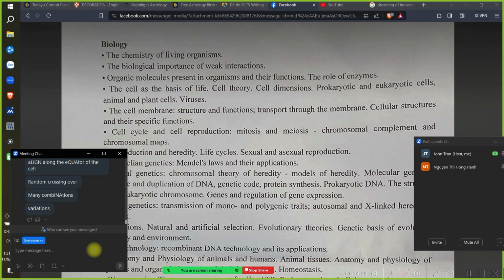After two rounds of meiosis, we end up with 4 non-identical haploid daughter, what's the word? Gametes, I think.